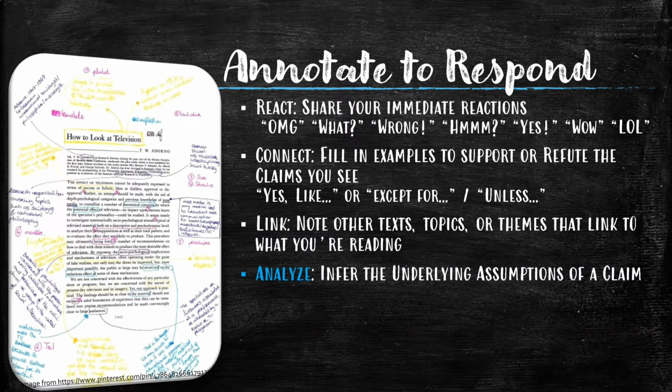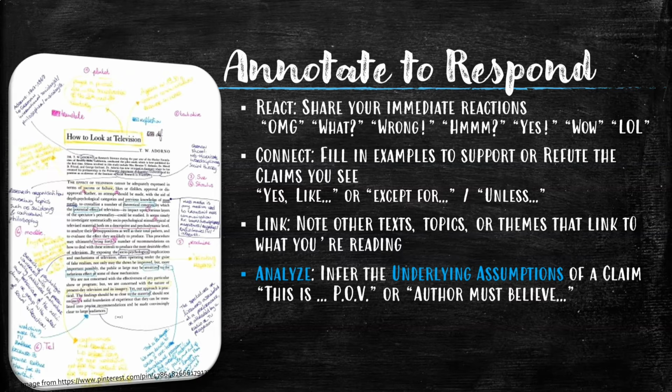And then we can dig even deeper to analyze the text. So when we analyze, we can do two things. Firstly, we can infer the underlying assumptions of a claim. So we might say that this is a conservative point of view. This is a progressive point of view.